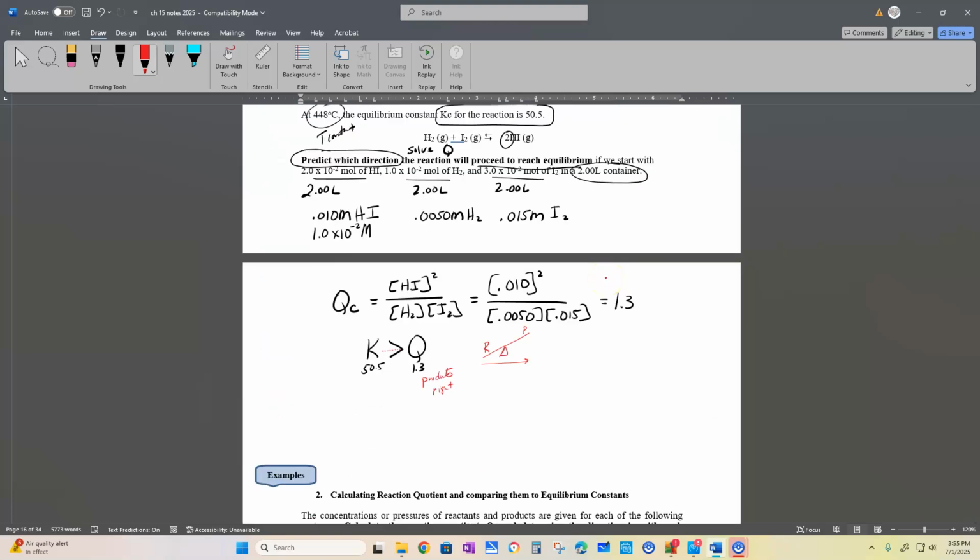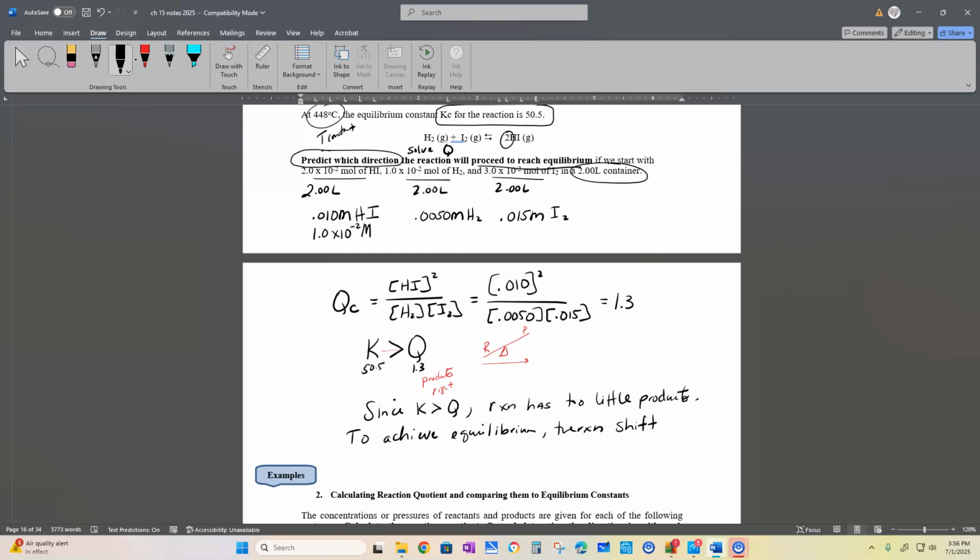So how do you explain this to AP? Here's your essay. First you tell them, since my K is greater than Q, the reaction has too little products. You could even say the reaction has too much reactants. And we're throwing the words at them: to reach equilibrium, the reaction must shift which way?